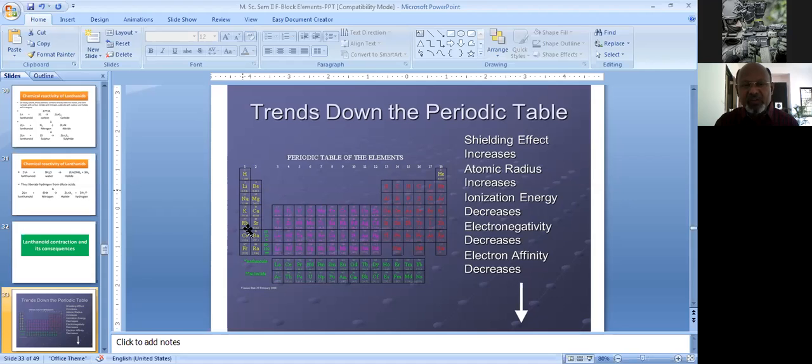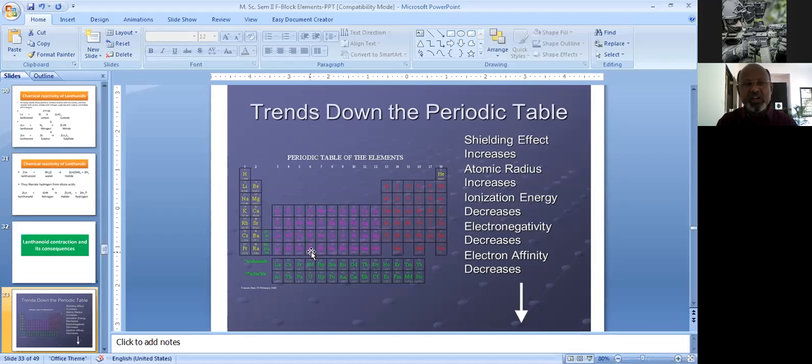The drastic feature, if we go down any group, is that the addition of electrons takes place in a new shell, which is in exact contrast to traveling from left to right in a period.